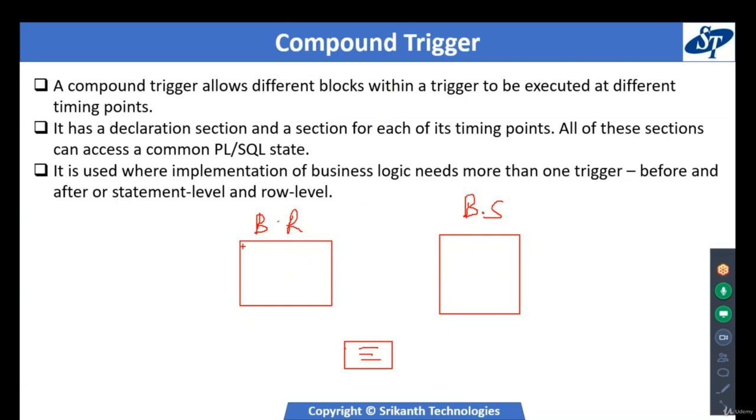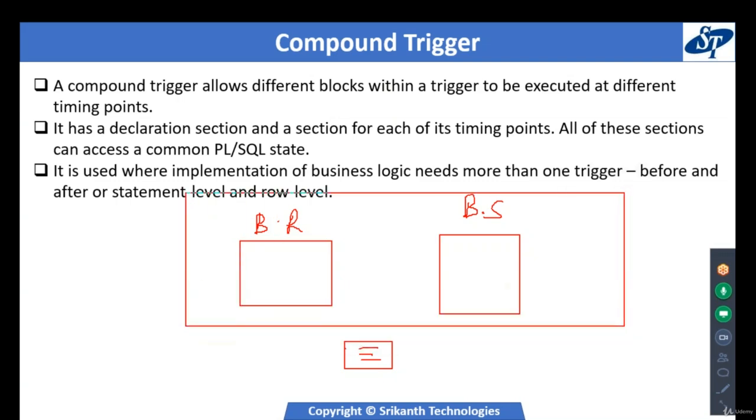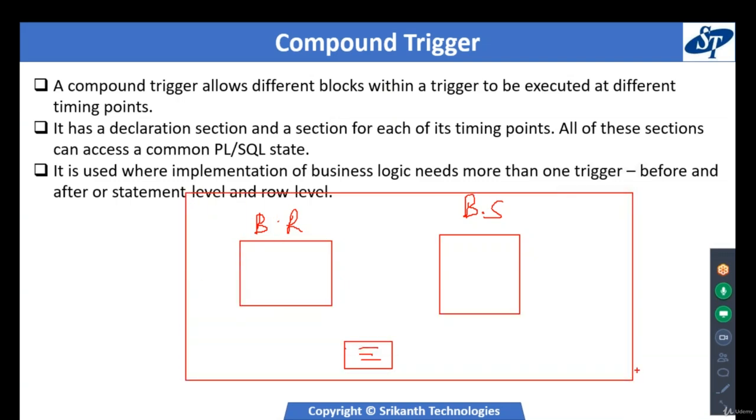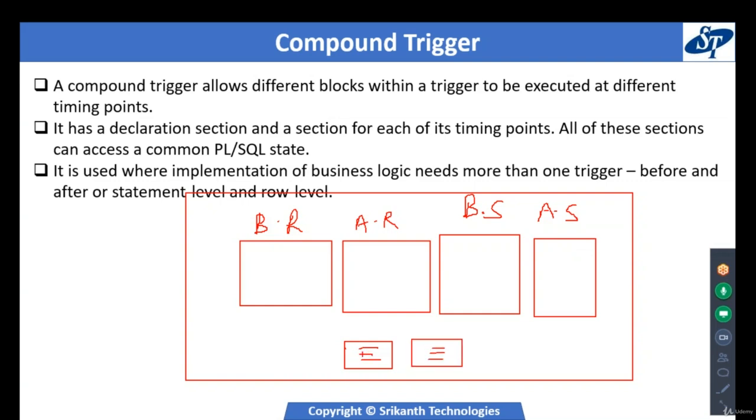So the compound trigger says I put all of them in one PL/SQL block. The before row level, before statement, after row level, and after statement, we are going to put all these 4 in one block, and there you can have some data also if you like.